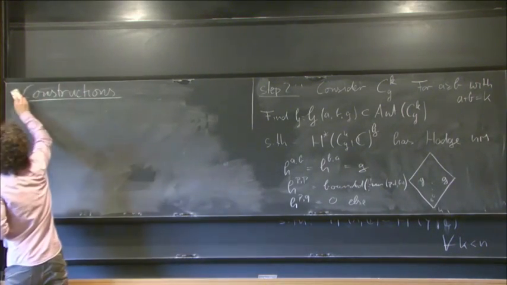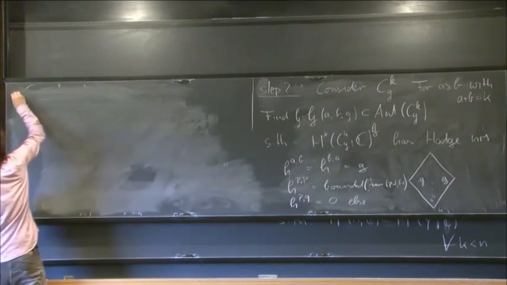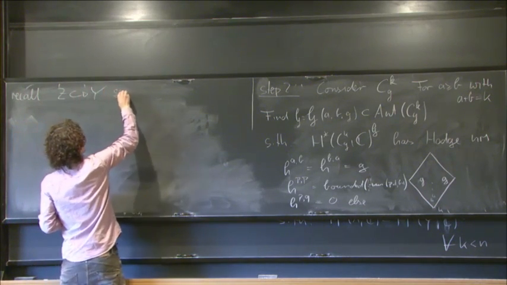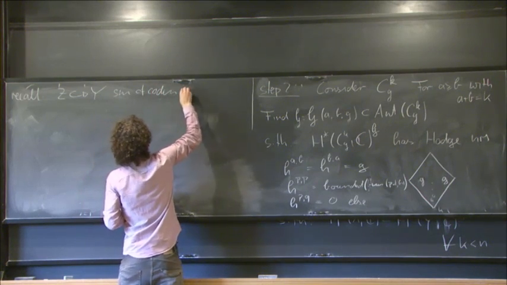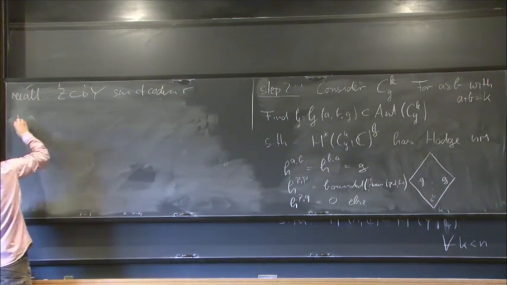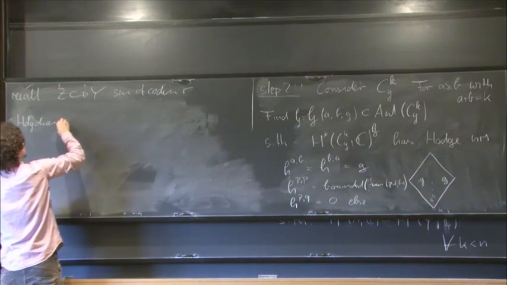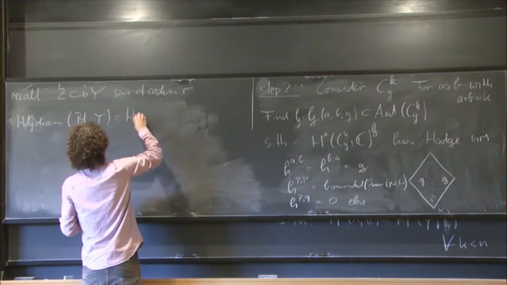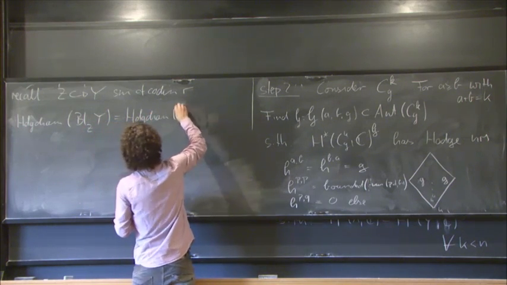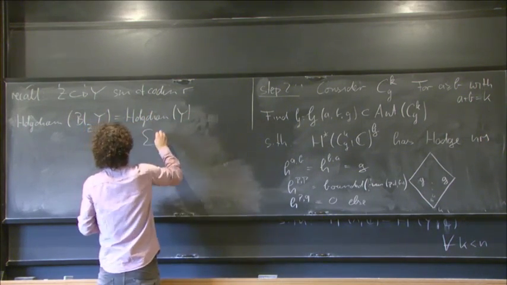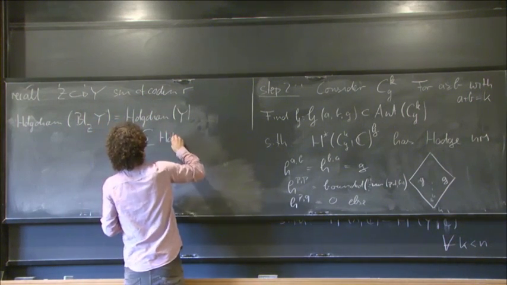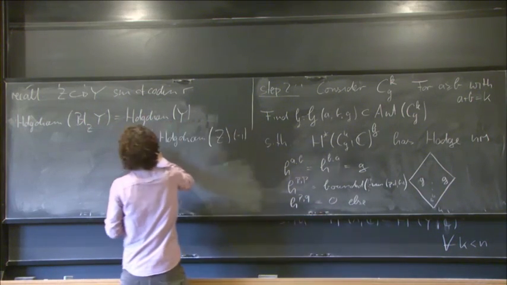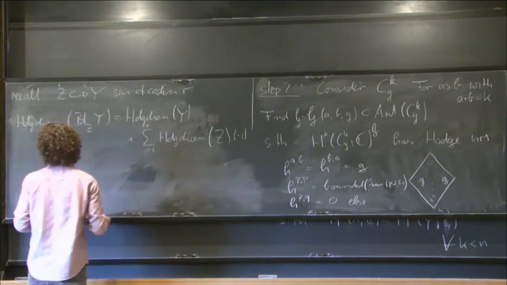If Z in Y is smooth of codimension R, then the blow up has a Hodge diamond where we start with Y and then add Tate twists of the base Z, where i runs from 1 to R.